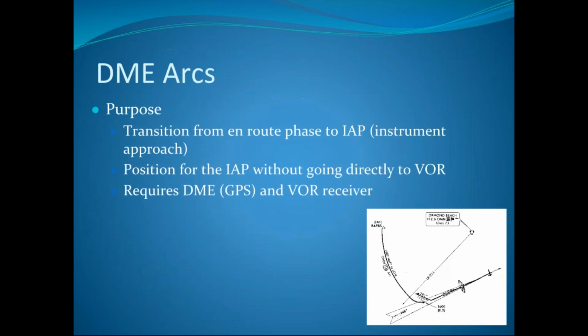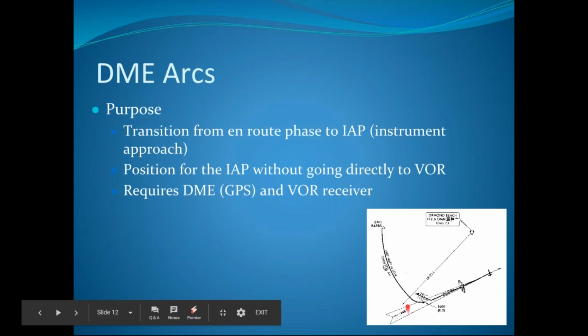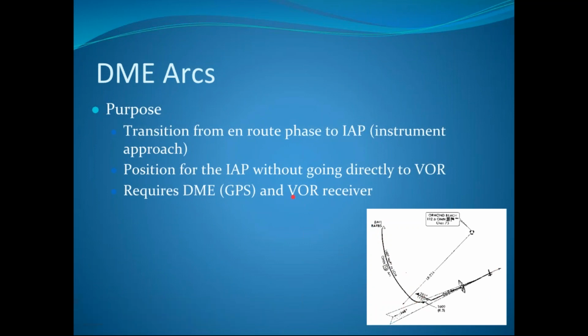DME arcs are a type of approach that we use. What we need to remember is that DME arcs aren't a very typical approach anymore. We're seeing less and less of them as we get RNAV and RNP approaches.